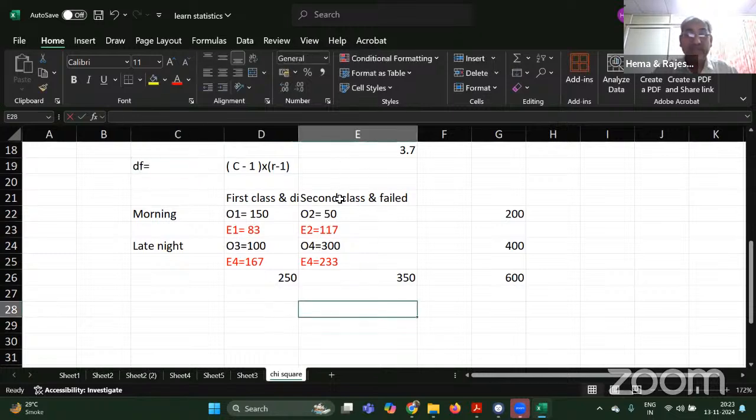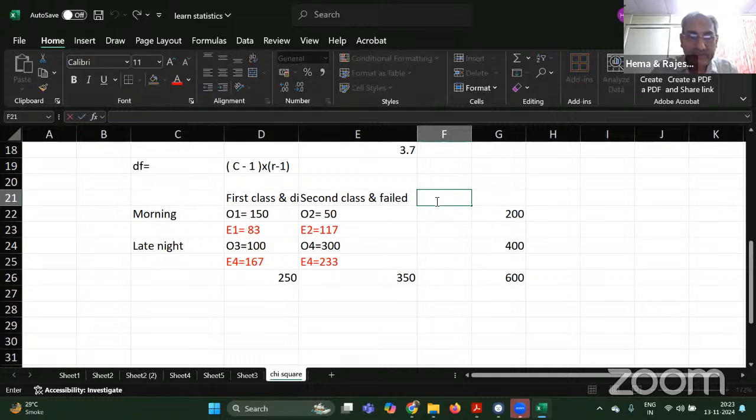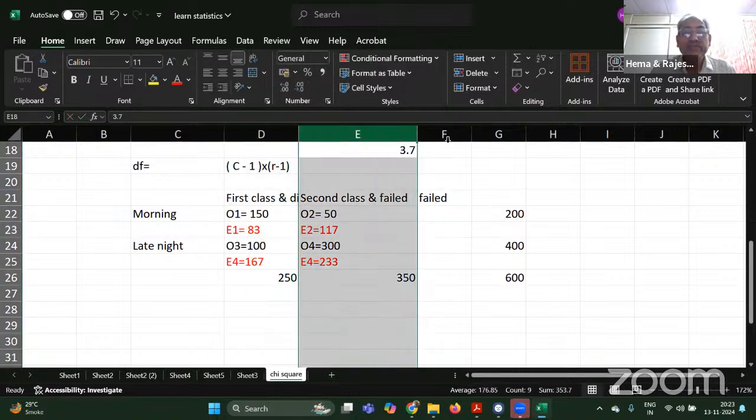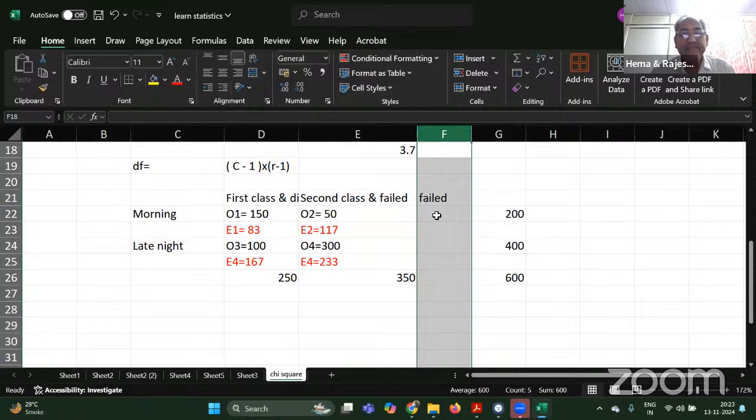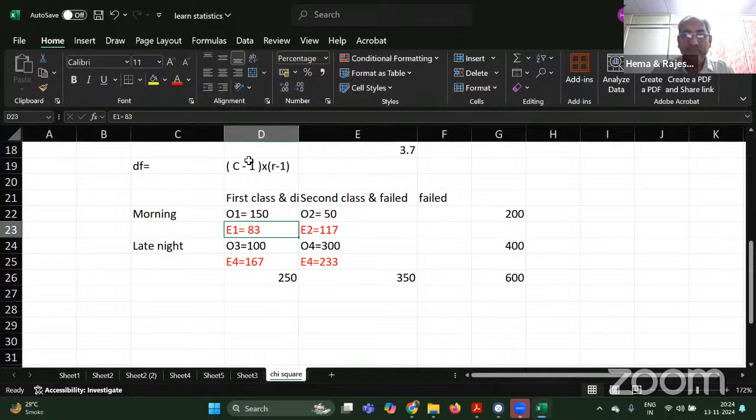Suppose we have another pair, say the field is different, an altogether different category. Then you will have one column, two columns, three columns. In that case, you can change this figure also, and this figure also. So if you have three columns, 3 minus 1 is 2, times 1, so the degree of freedom will be 2.